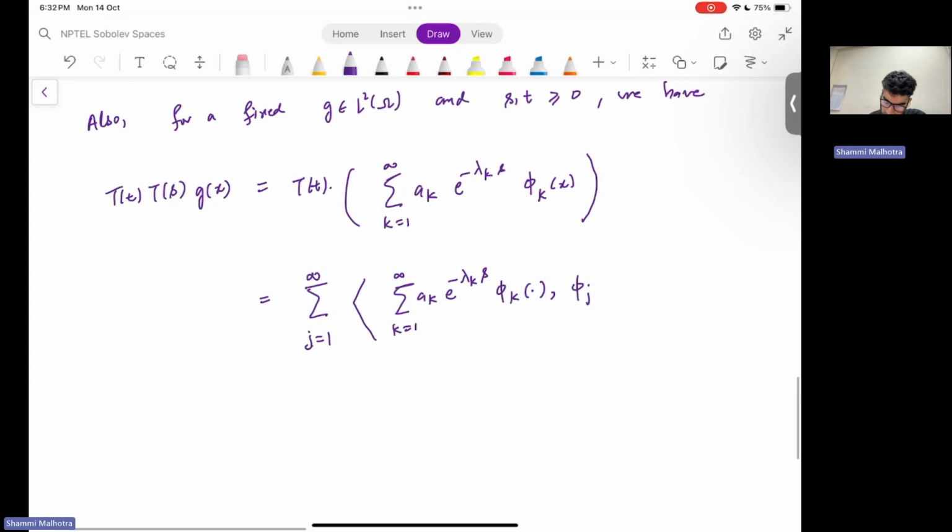So this is phi J, and this inner product is in L2 R^n, and into e^(-lambda_J t) phi_J(x).